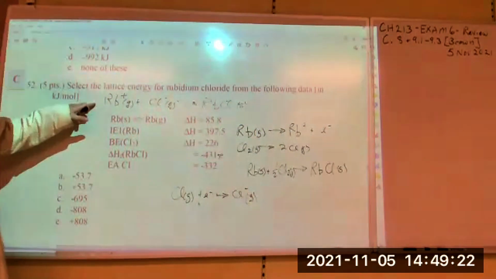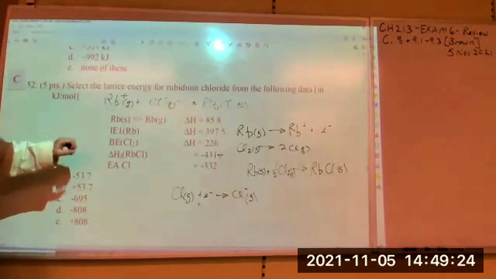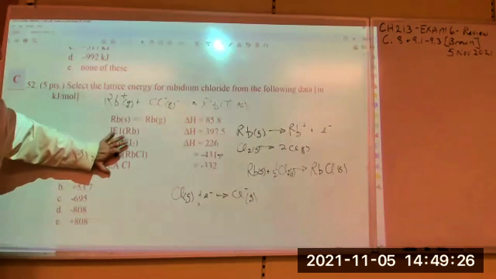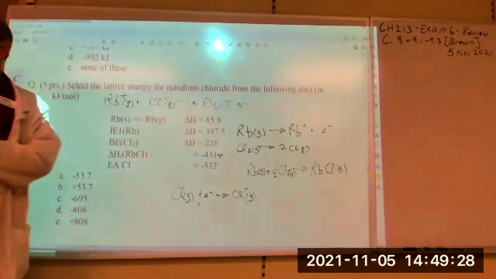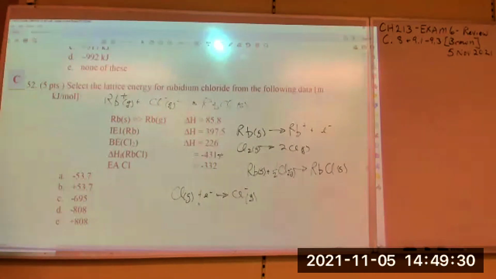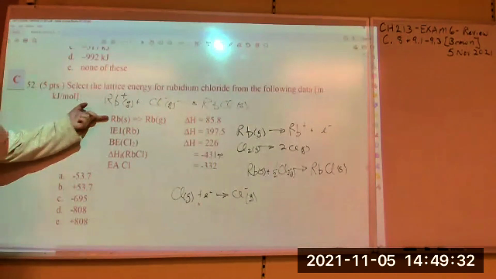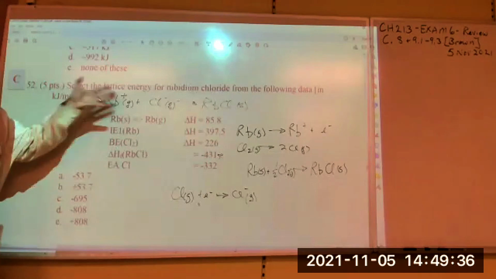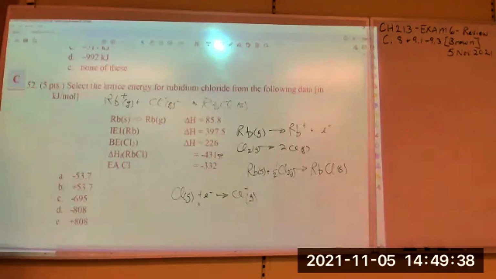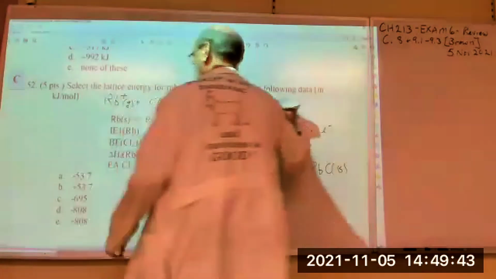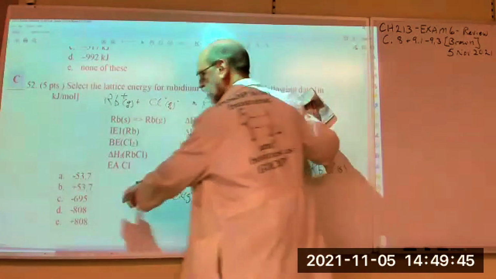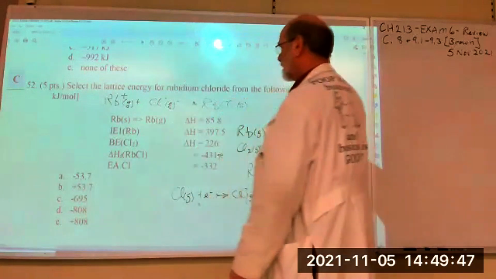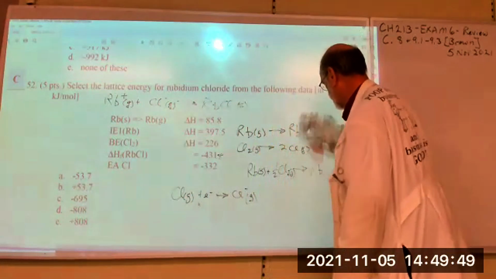That's your target equation, derived from all of these. So the real trick to this one is to understand what they mean by each one of these. Once you know that, then it's just Hess's law. And it should be minus 695 is the lattice energy.